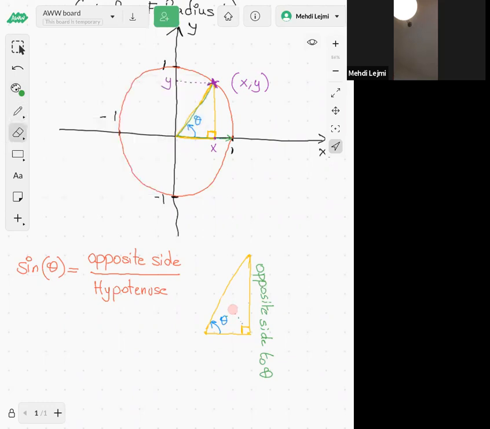And the last side is the adjacent side, this one here, the adjacent side to the angle theta.